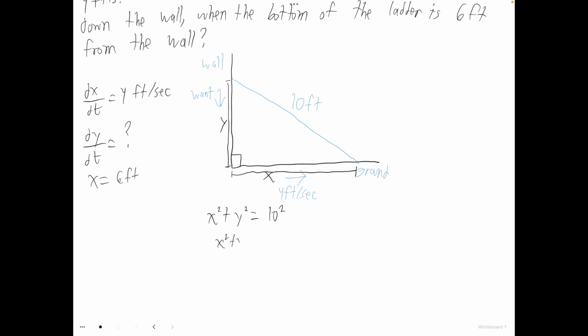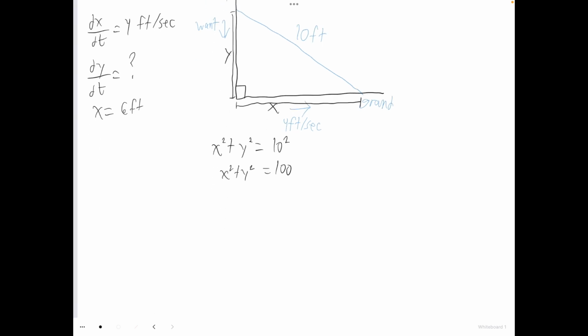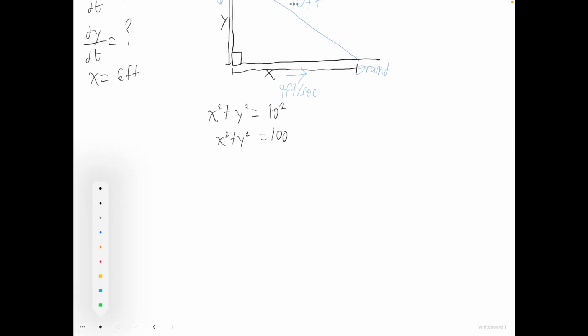So in other words, x squared plus y squared equals 100. So this is a relationship between x and y. Now that we have a relationship between x and y, we're going to take the implicit derivative to get a relationship between the rate of x and the rate of y. And so we're going to take the derivative with respect to t of both sides.